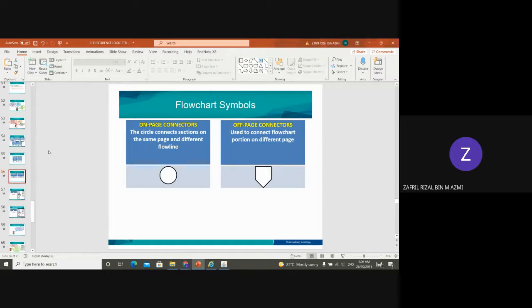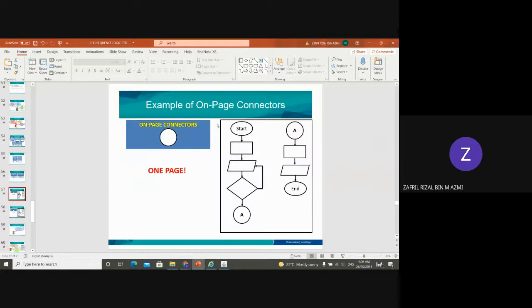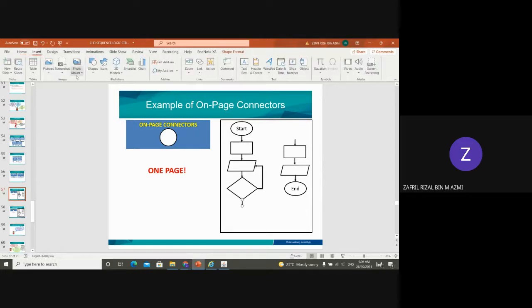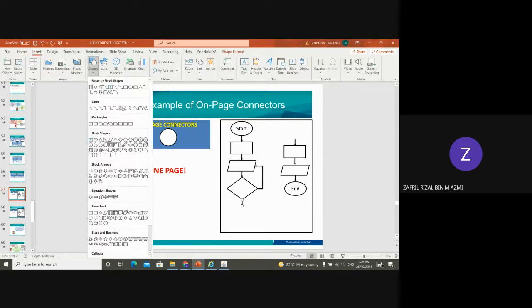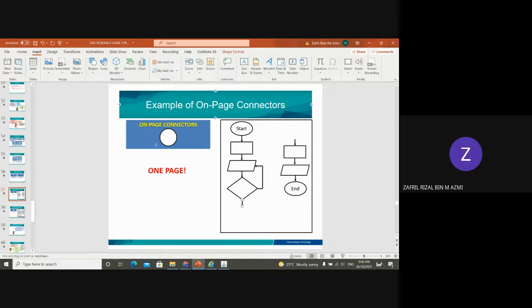On page is if the connection is in the same page. Let's say this is an A4, this is where you write down your flowchart. If you didn't use a connector, you would just use this end, for example.